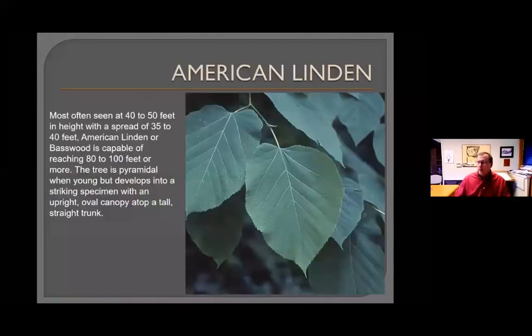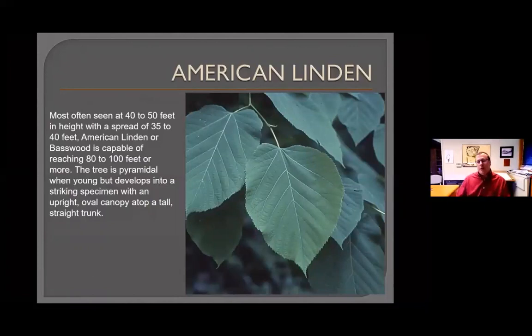American linden. There are varieties of American linden. One of the most popular or most common ones is Redmond. Whether it's the American linden or the little leaf linden, these are great at attracting pollinators, because the fragrant blooms will actually stop you in your tracks. They are so pungent, so sweet smelling.